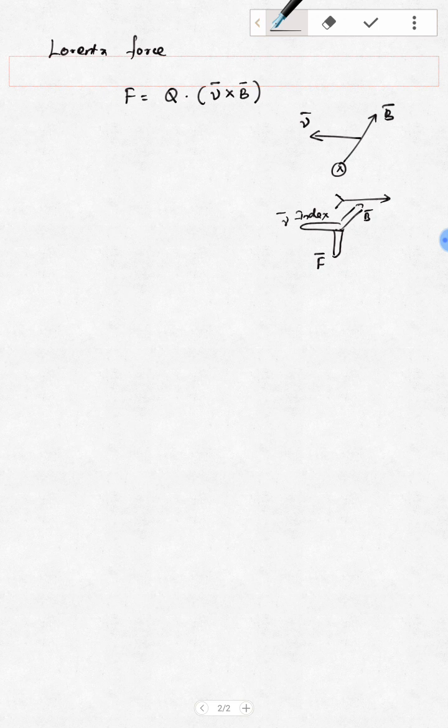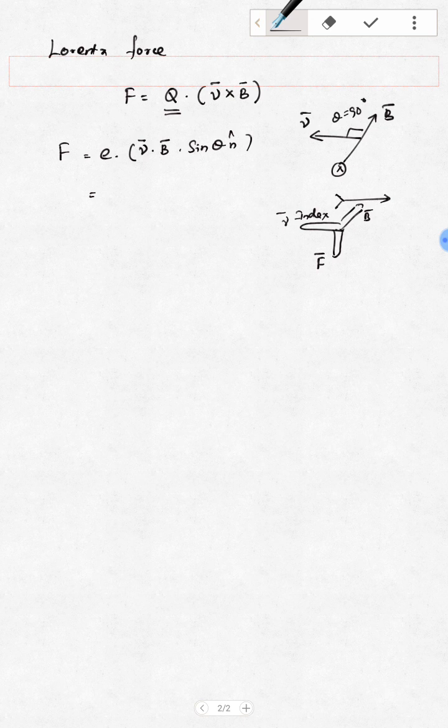So if we take the angle between these two vectors as exactly 90 degrees, and the charge is the electron, then the cross product is V bar into B bar, and here I'll get sine theta, and I'll get n cap, that is the orthogonal vector.